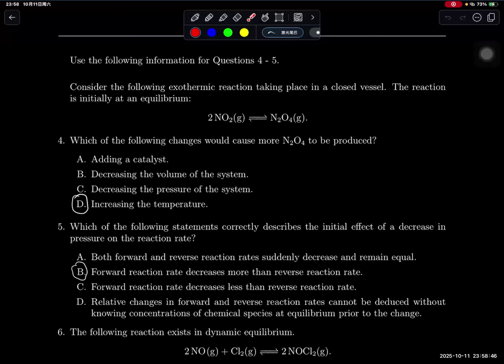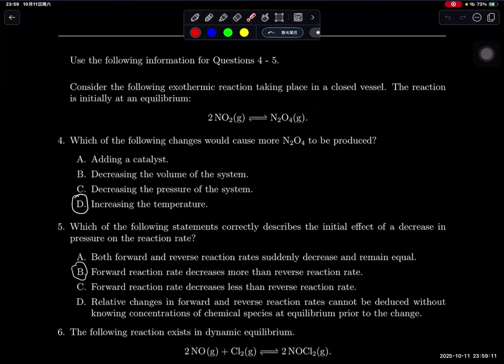Which of the following changes would cause N2O4 to be produced? If you increase the temperature, the forward direction is endothermic. This is what you guys are supposed to remember. And endothermic means if I increase the temperature, the system will shift to the forward direction by Le Chatelier's principle, so you can minimize the temperature change. Okay, so it's D.